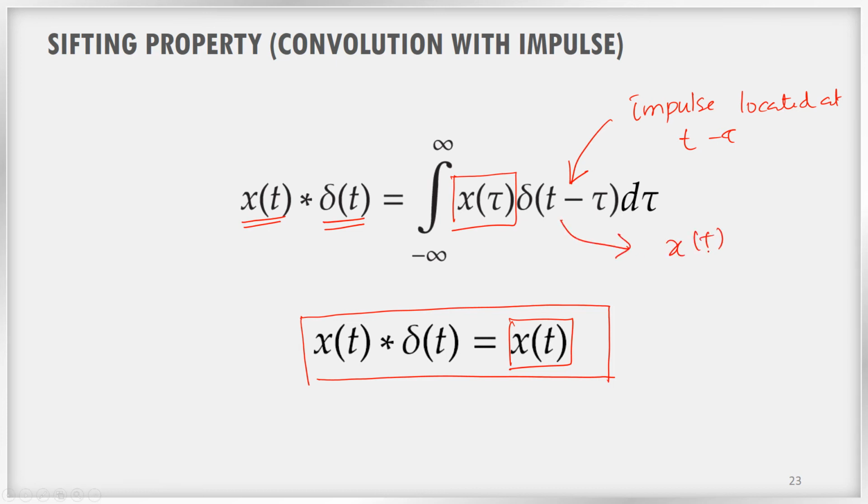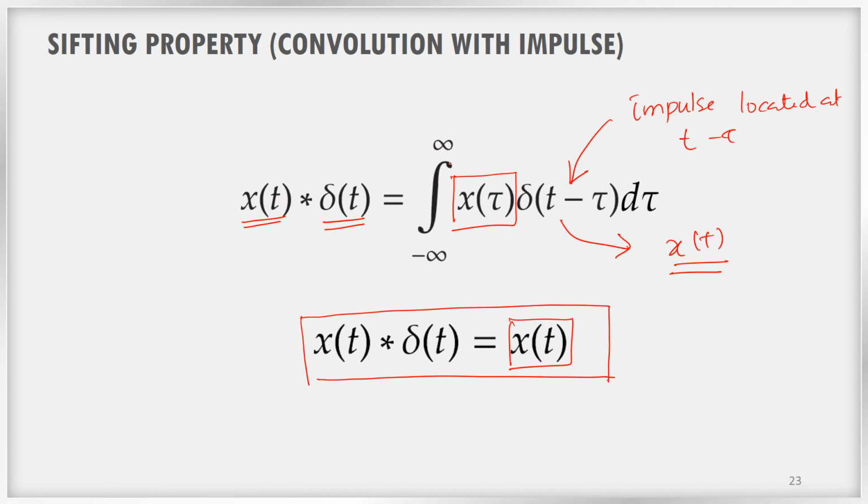Because this del of t is an impulse which is multiplied with the signal at that location, it will give you the signal at that location itself, because multiplying an impulse with a function will result in the value of that function at that particular location.